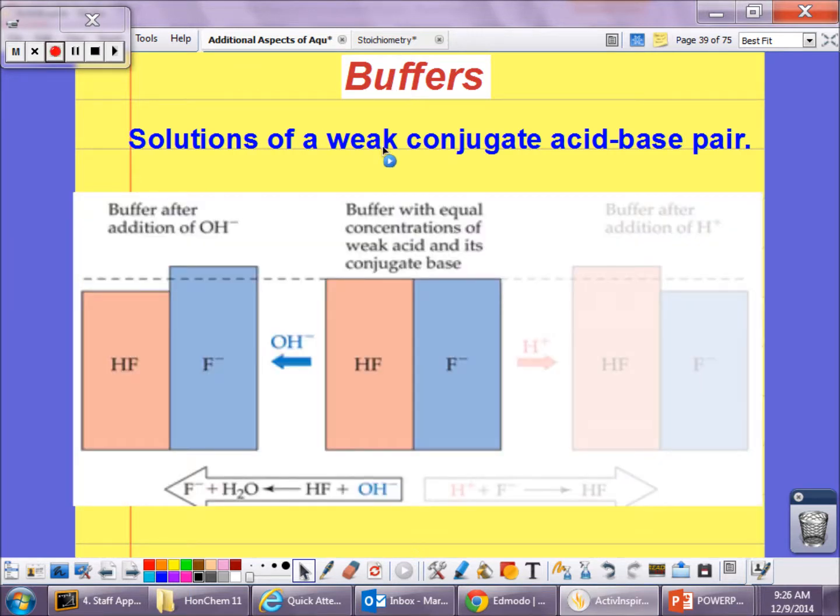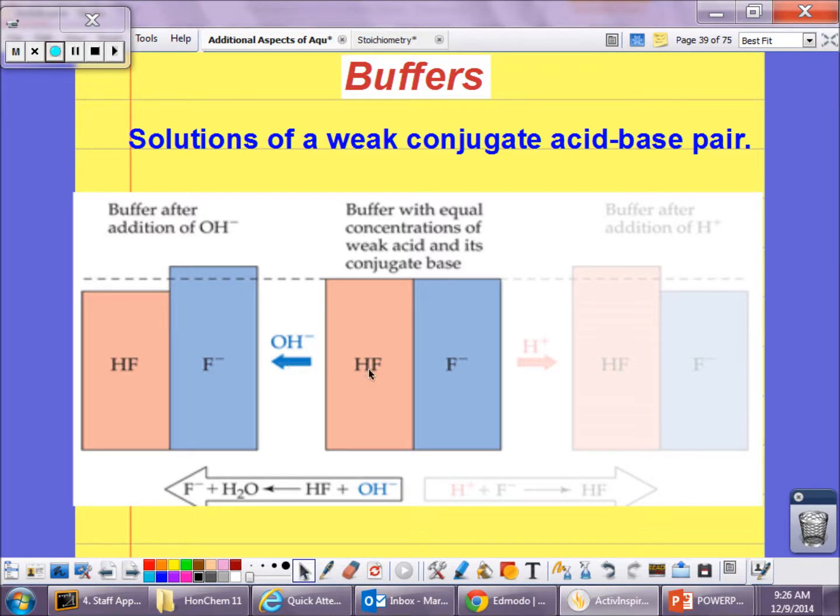All right, how does the buffer work to resist a change in pH? When we say resist a change in pH, it does not mean the pH won't change at all. It will change a little bit. So what happens? If you have a weak acid and its conjugate, which will come in the lab as a salt, and you add a strong base to that solution, that means you are adding OH minus.